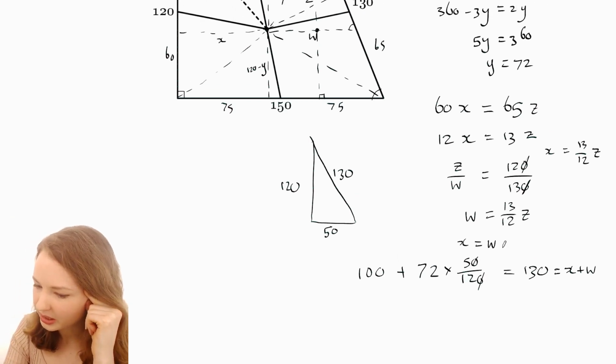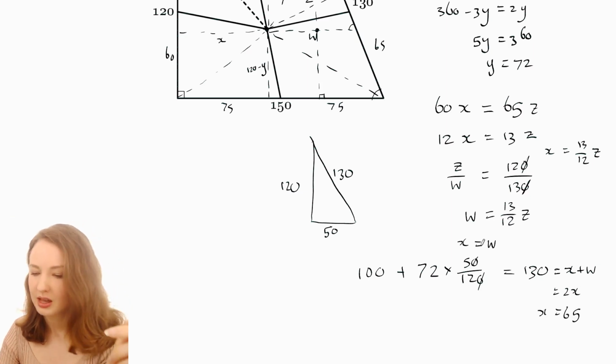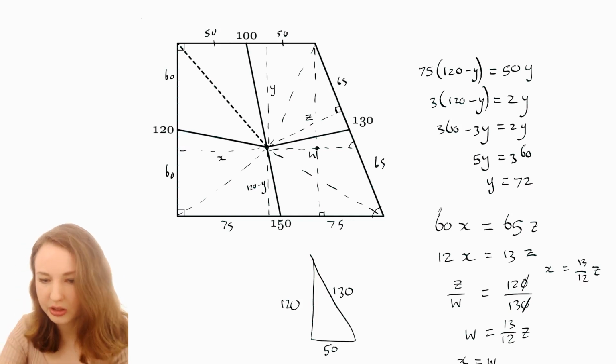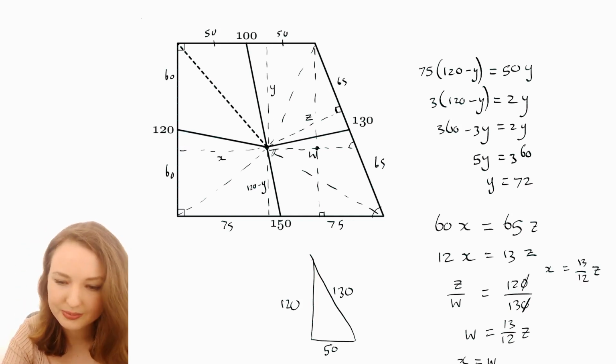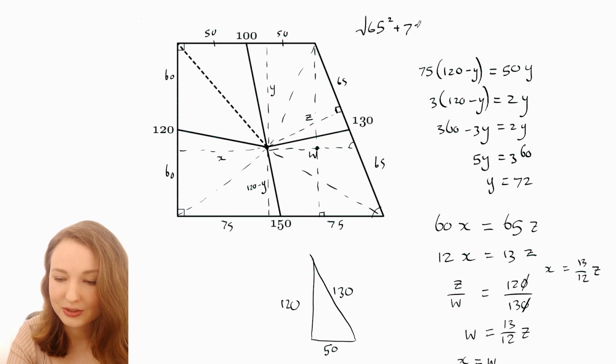And then we know that x is w, so this is 2x. So x equals 65. And now we've got all the information we need because we've got that's 65 and that's 72. So that's going to be the square root of 65 squared plus 72 squared.